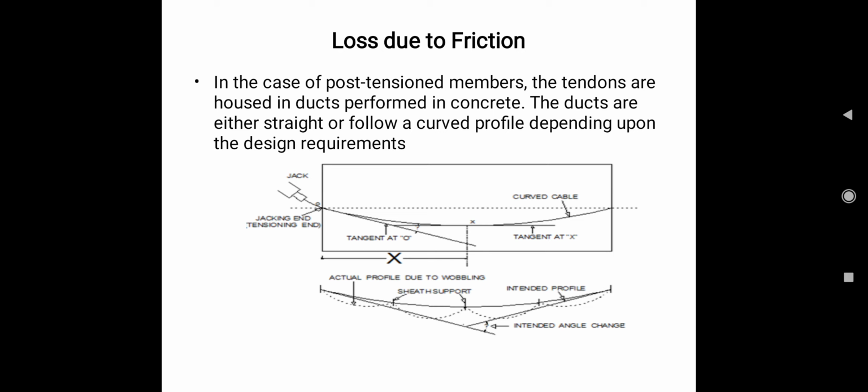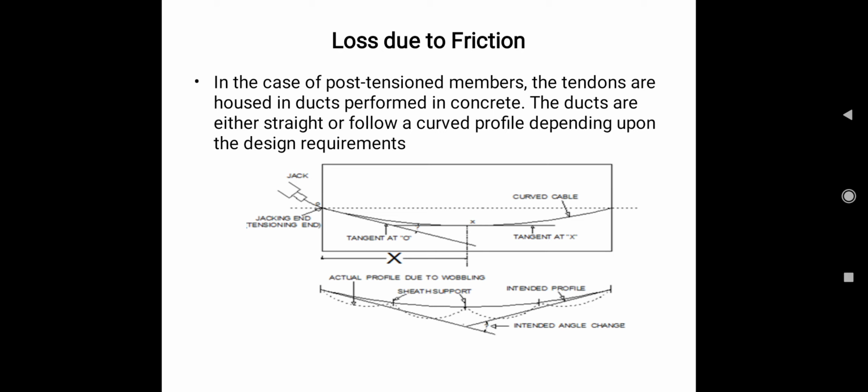Here you can see in this figure a rectangular member, and here we can see a duct. If we consider this as a duct, and the cable is made to pass through this curved duct, what will happen? At this point and this point, the cable will come in contact with the surface of the duct.